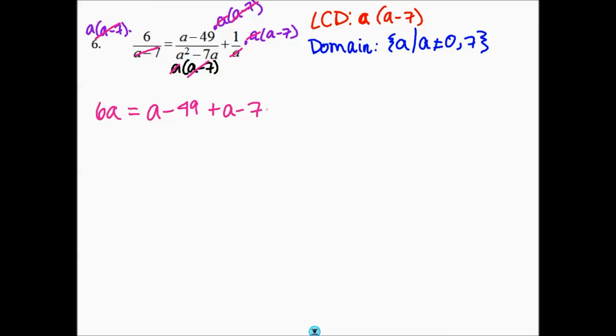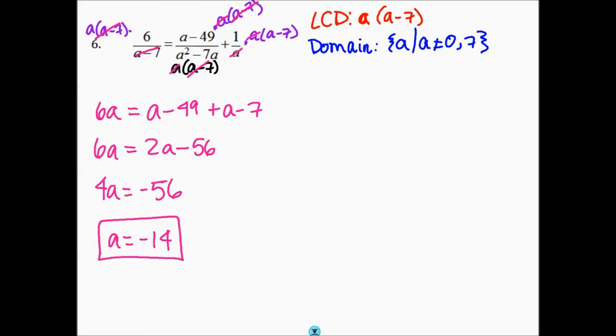So now we can go ahead and combine our like terms. We can subtract 2a from both sides, and then divide by 4. So we get a equals negative 14. If we compare this with our domain, that works.